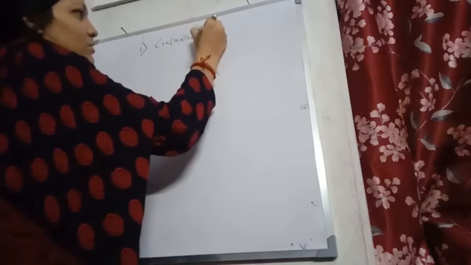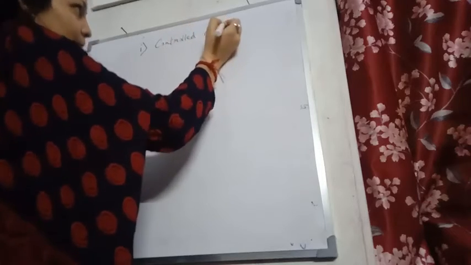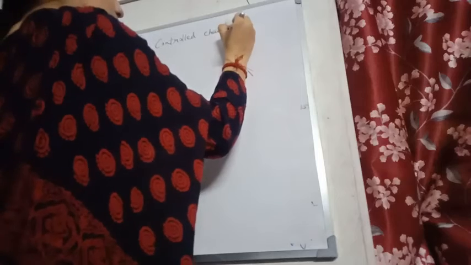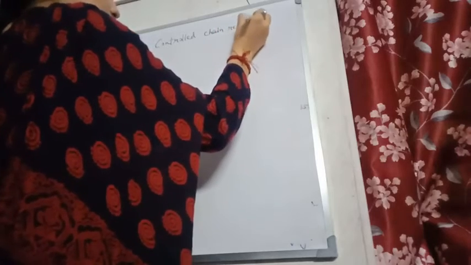Number one is controlled chain reaction. Number 2, uncontrolled chain reaction.